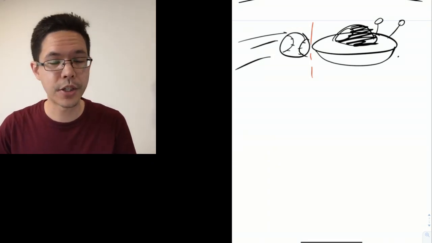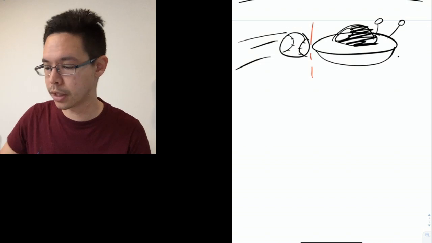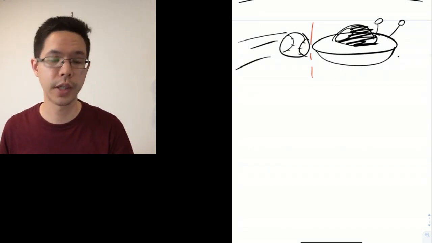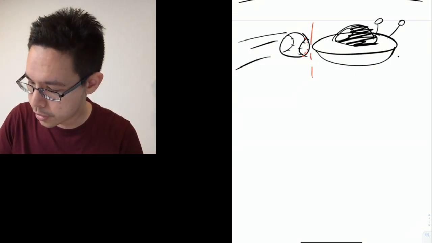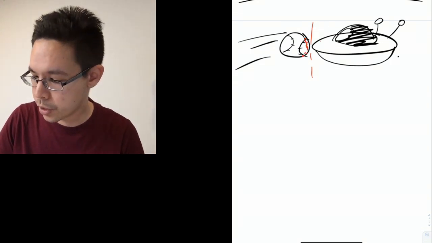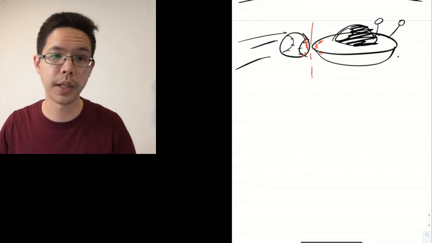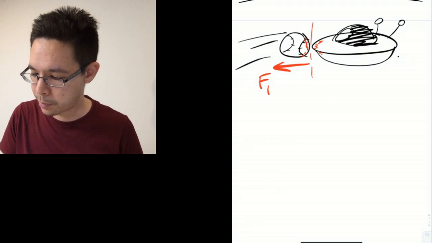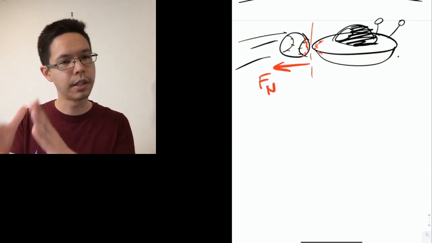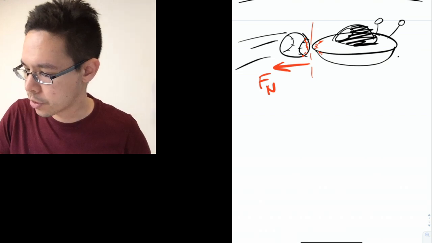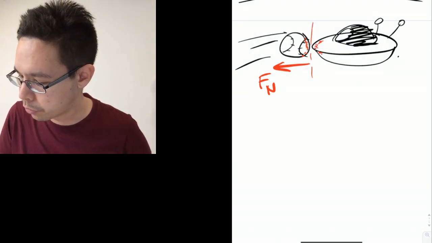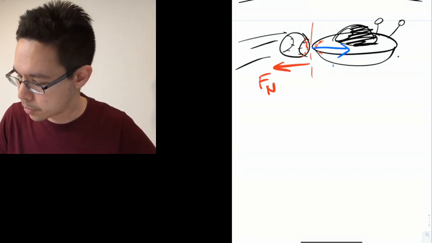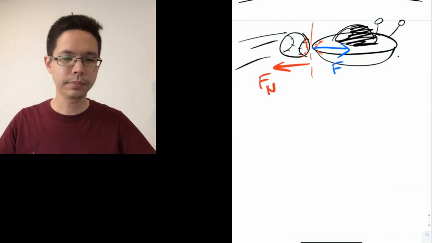So we can almost imagine that the gravity in this situation, in the middle of space, has no effect. But when you slam those two objects into one another, wouldn't the atoms in this side of the ball also repel the atoms in the spaceship? And if so, you would have normal force. So you would have a repelling force. So that's my normal force. I'm using Fn, n for normal. And you would also have your applied force, or your effort force, from the ball slamming into the spaceship. So you'd have F push.